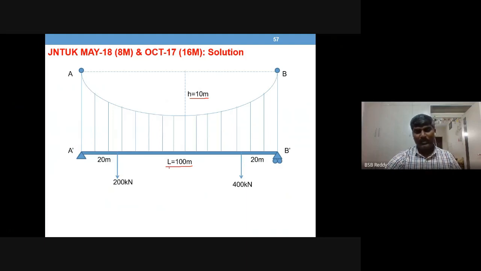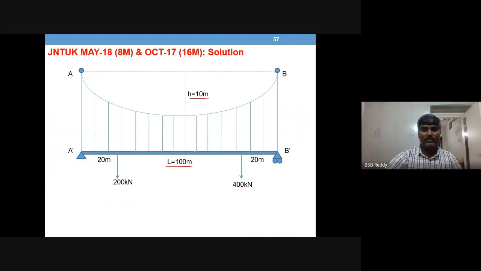These are the suspenders, nothing but stiffeners. A and B are the hinges for the cable, whereas A dash and B dash are the external hinges for the girder, the two-hinged stiffening girder.